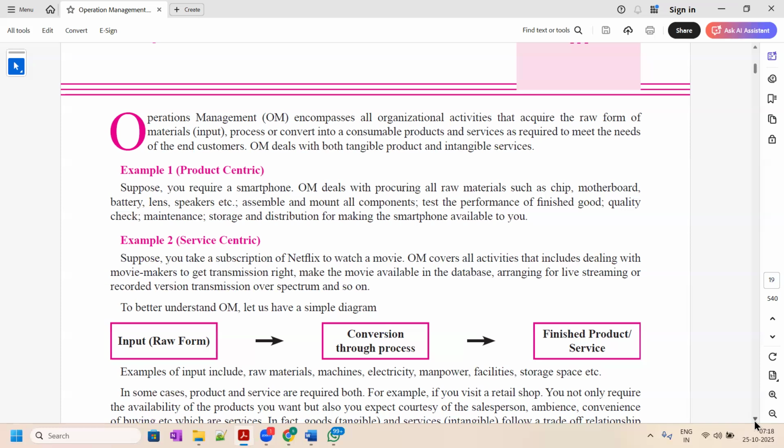Okay, so operation management is all about how an organization takes the raw material or the inputs and tries to convert them into a useful product or service. So the output you are trying to achieve would be either a product or a service.